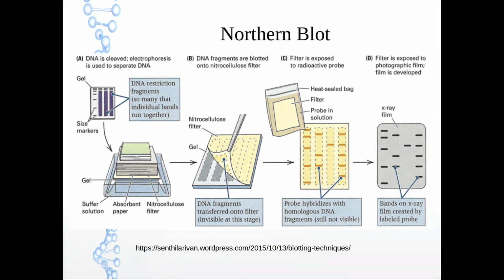In the gel, it might still move around, but in the filter, it's fixed in that location. Then you incubate it with a probe, and you would see highlighted regions where the probe is at. So basically that's blotting. That's your Southern blot. And this is the Northern blot, the same technique, but using RNA.